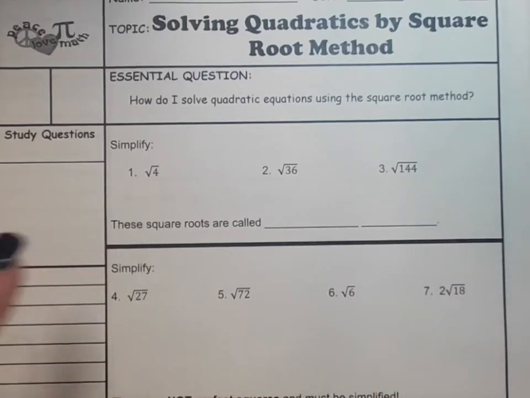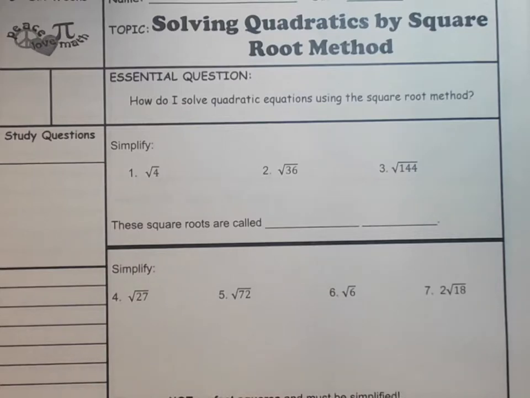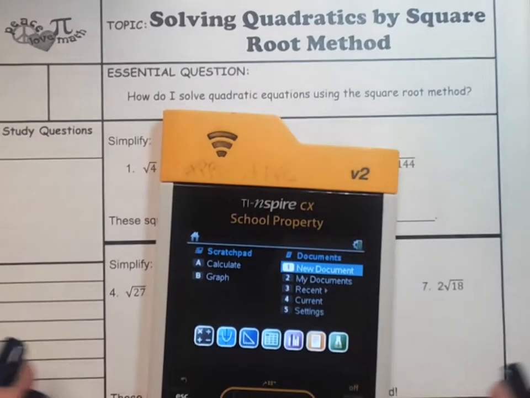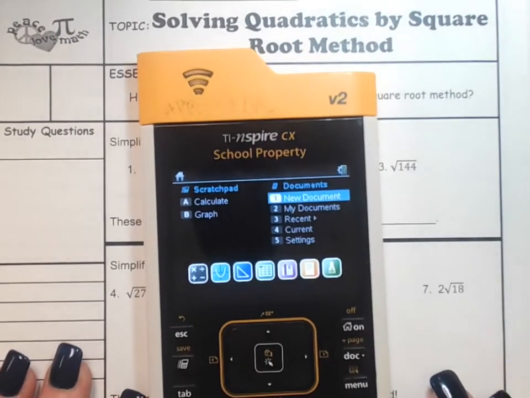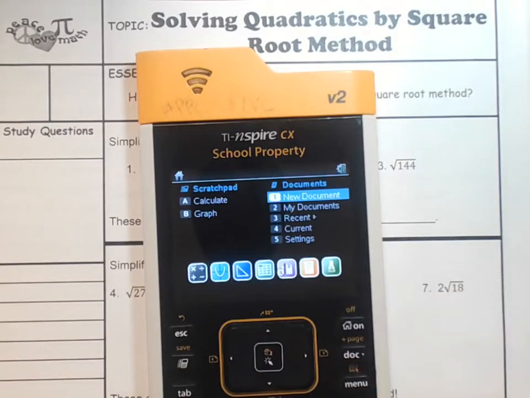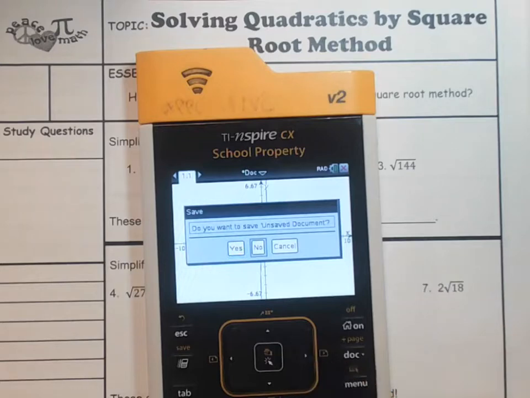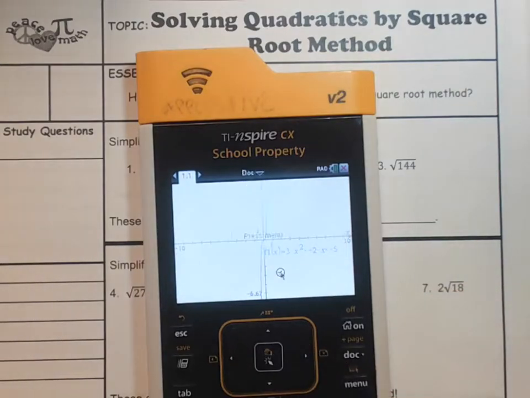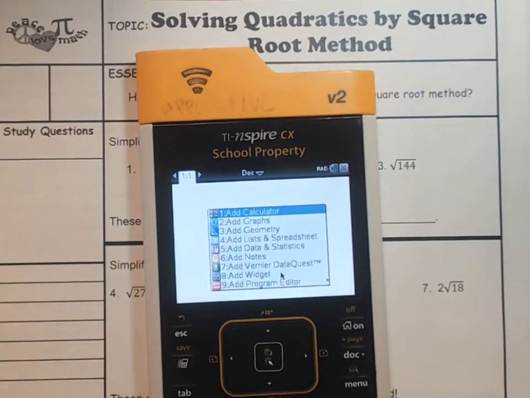So we're going to look at how we find square roots. First of all, you can put these on your calculator. Turn it on, go to New Document, please don't save, and go to Add Calculator, which is number 1.